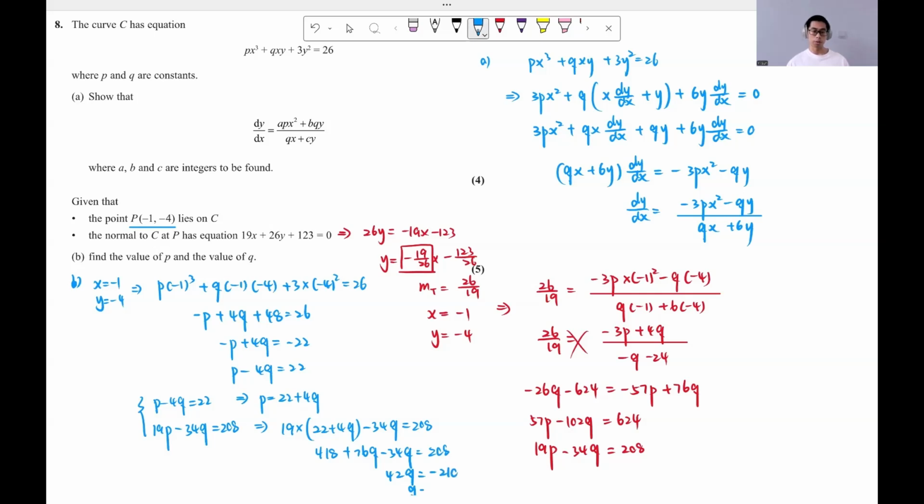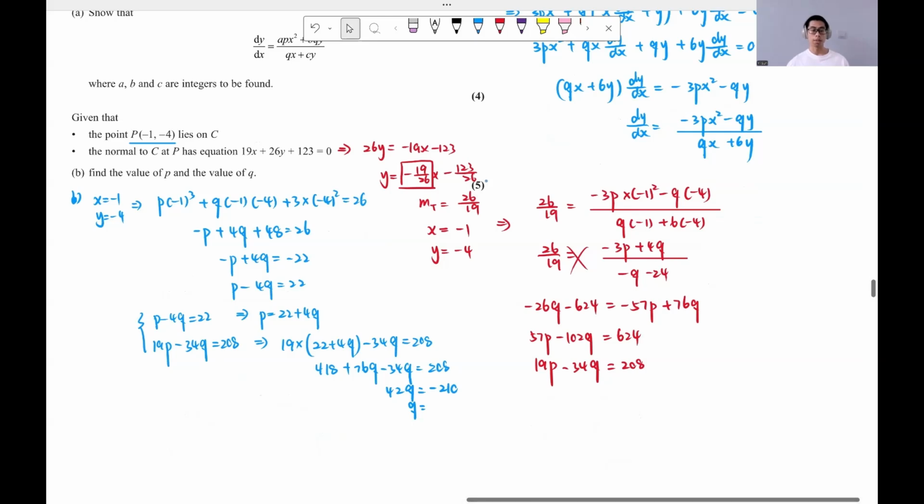So therefore q is equal to negative 210 divided by 42, which is negative 5. And then p has to be 22 plus 4 times negative 5, which is 22 minus 20, which is positive 2. Then we find the values of p and q. So p is 2, q is negative 5.